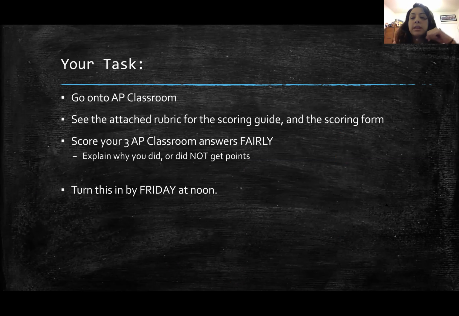What you need to do in that scoring form is explain why you did or did not get points. And I've already seen your answer, so don't fudge it. It's important that you understand the way that the graders look at things and the way that the graders think. That way you know what to give them.